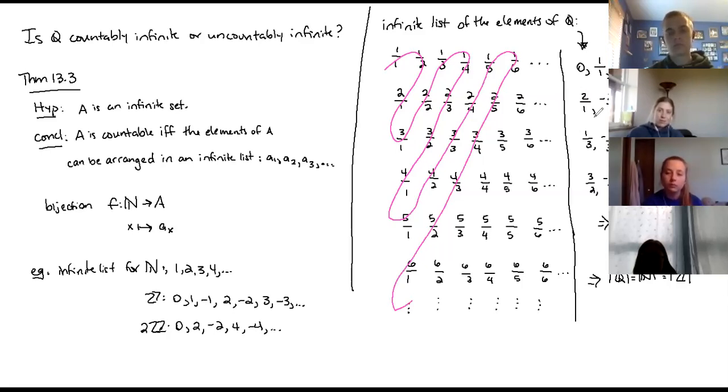So I could go through and remove some. I'm still going to have an infinite list. All I'm doing is making it smaller. If I were making it bigger, I would potentially have an issue. That might cause me some problems. But I'm just making this list smaller in order to have good mathematical practice, only list everything once, and therefore I'm fine. Does that make sense? Does that answer your question? Cool. Good. Other questions?